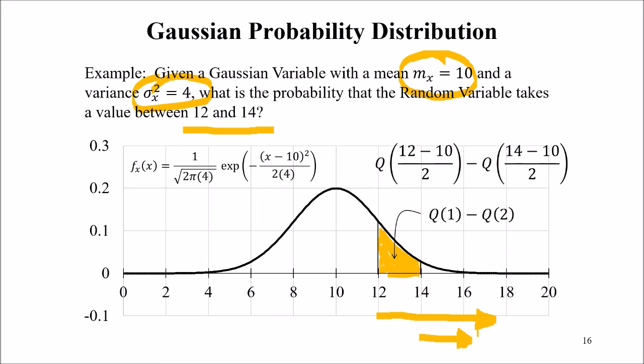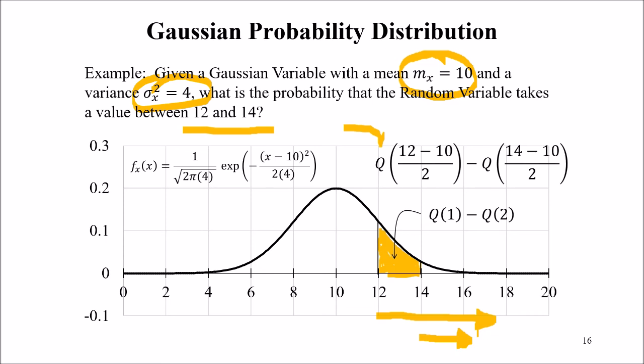So if we take the area to the right of 12, which is given by this expression, Q of (12 minus 10) divided by 2, and we subtract out the area that is greater than 14, that would be Q of (14 minus 10) divided by 2, what we are left with is the area that we're looking for.